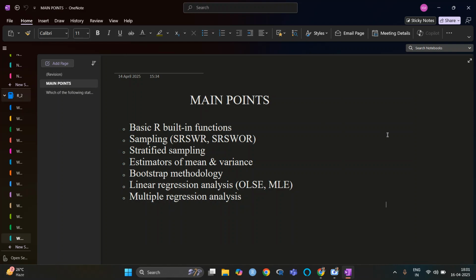Firstly, we will try to remember some basic R built-in functions we have gone through.